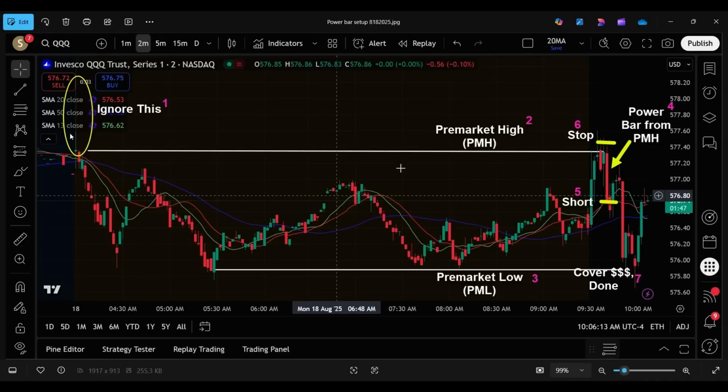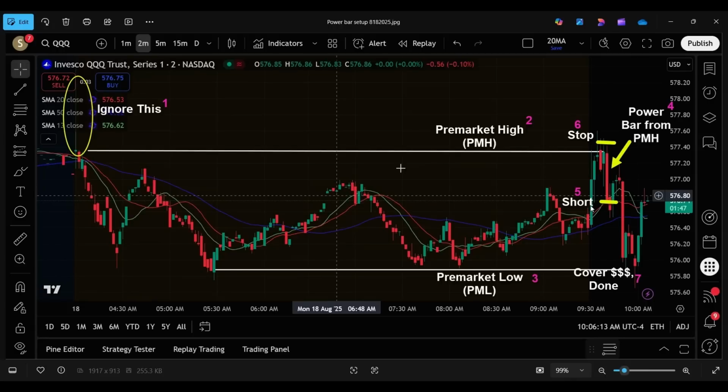This candle where I have ignored this, number one, I'm not counting. So for me, this is my pre-market high. That's number two. Number three, this is my pre-market low. Number four, which is here, now that we open, I'm looking for a power bar.